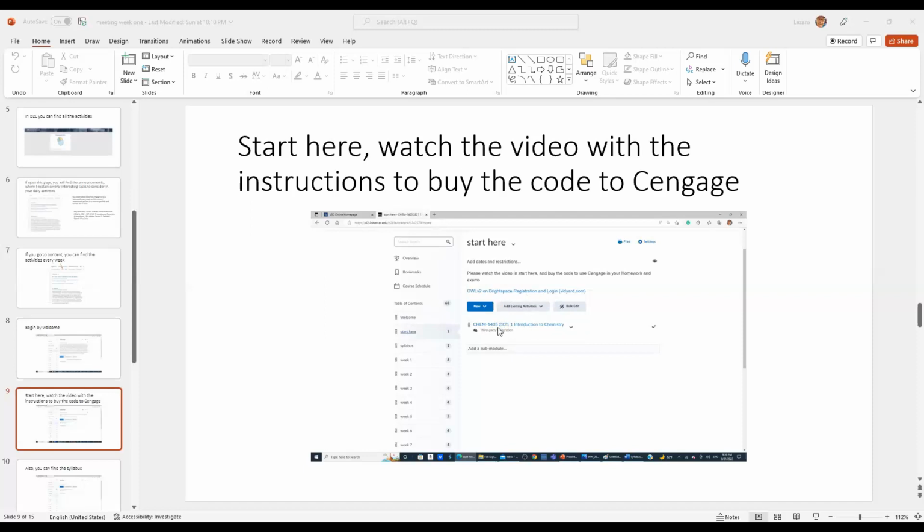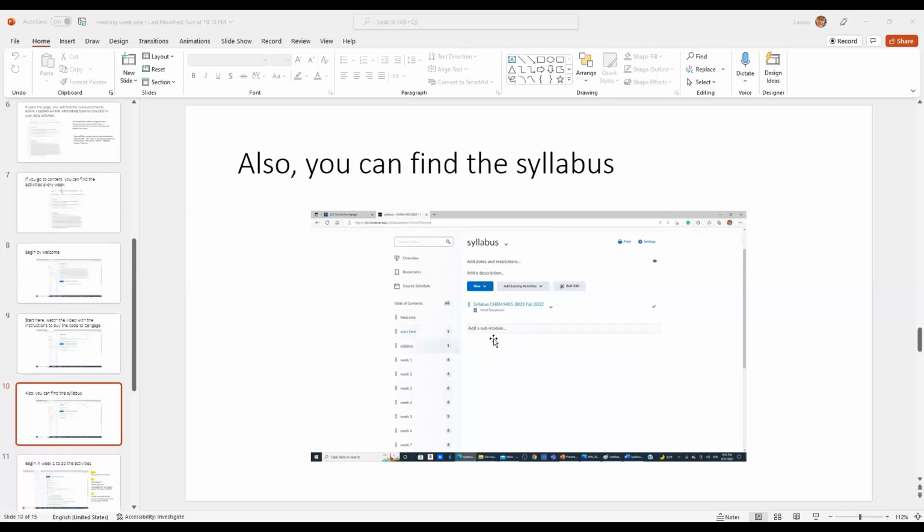This meeting is also here in a PowerPoint in such a way that you can look at it at any time. Also, you can find the syllabus. In the syllabus, everything is explained and it is law. What is there is law.